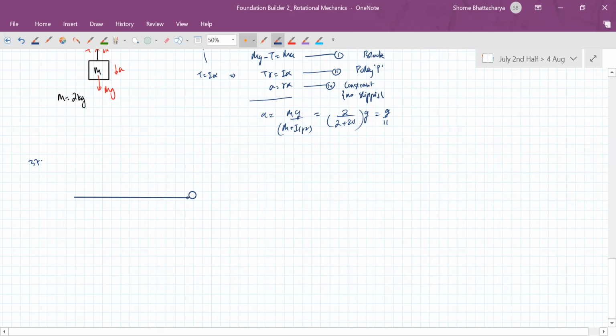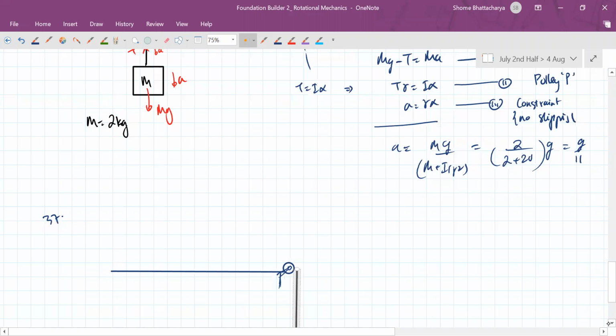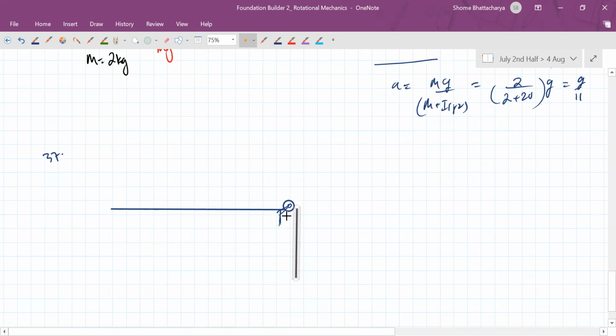There's a small massless pulley over here. But then the thread, so this is going around a heavy disc kind of thing.